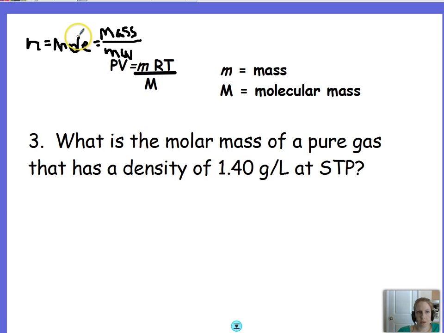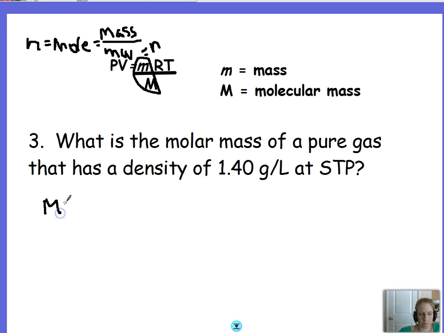So we can actually substitute this in and get PV equals mass times RT over the molecular mass, or the molar mass, or the molecular weight, however you want to say it. So this is actually equivalent to our n.